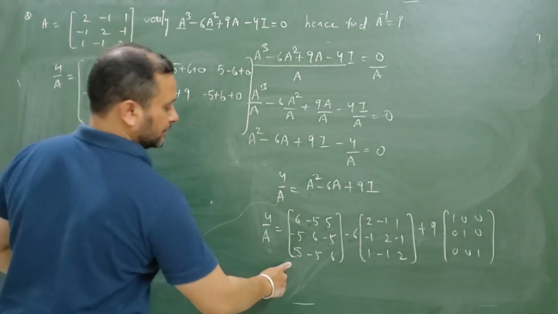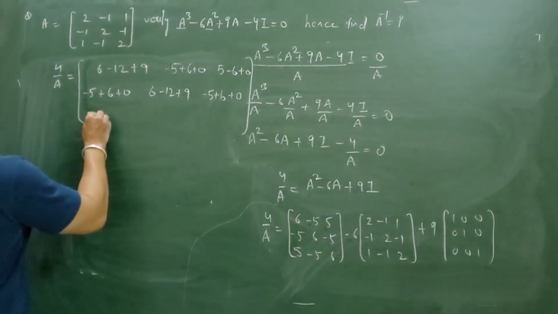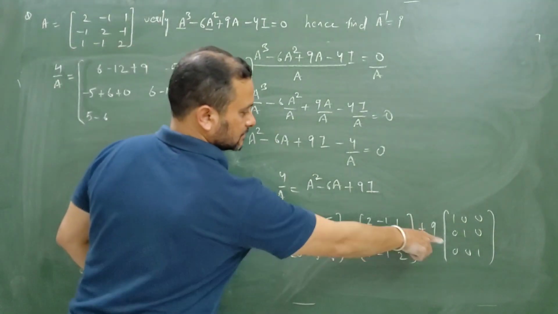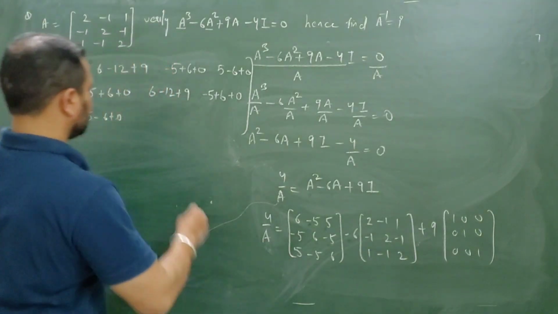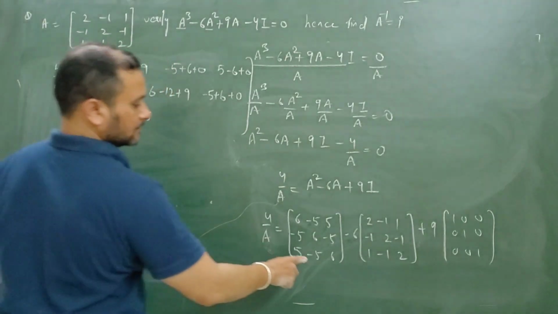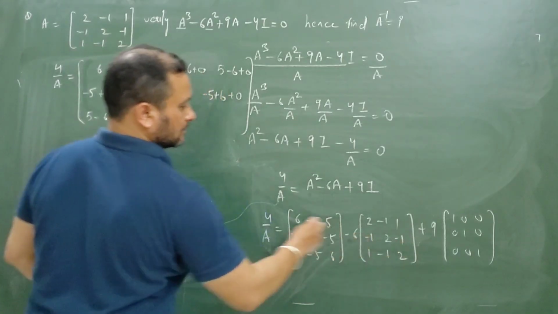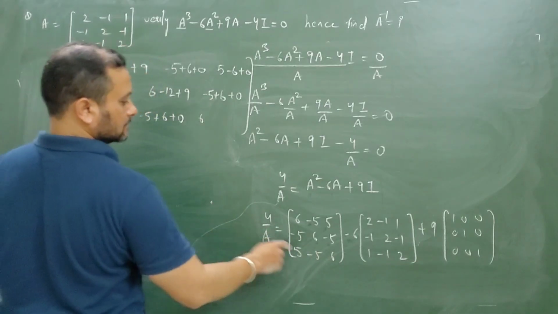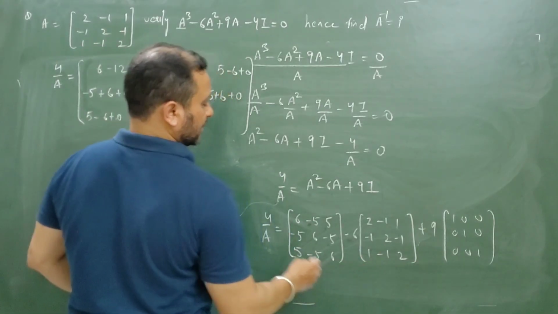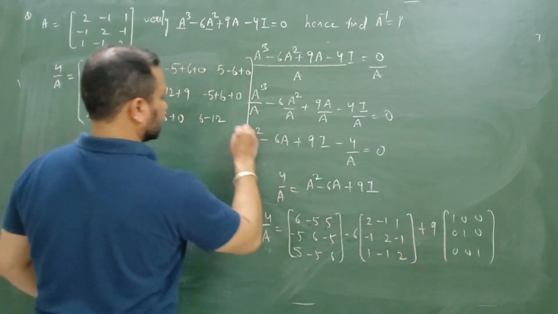Next one is 5, this is minus 6, and this is 0. This is minus 5, minus minus plus 6, 0, 6. This is minus 6 times 2 is 12, and 9 times 1 is 9.